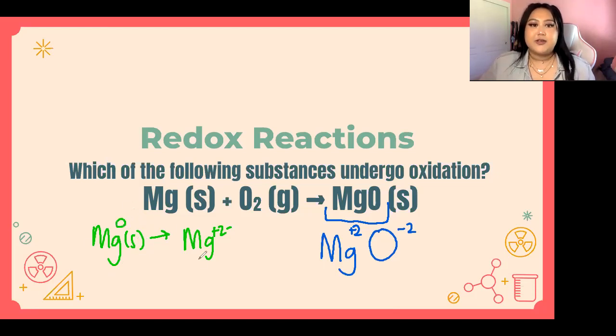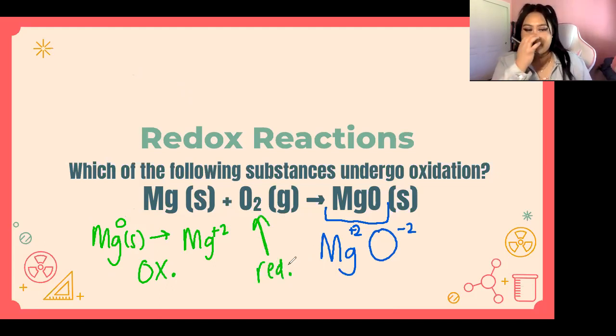Yeah, perfect, 0. So if this went from 0 to a plus 2, is that oxidation or reduction? Oxidation. Okay, so this magnesium is oxidizing. That has to mean that oxygen is reducing. It's being reduced, right? Any questions on this?